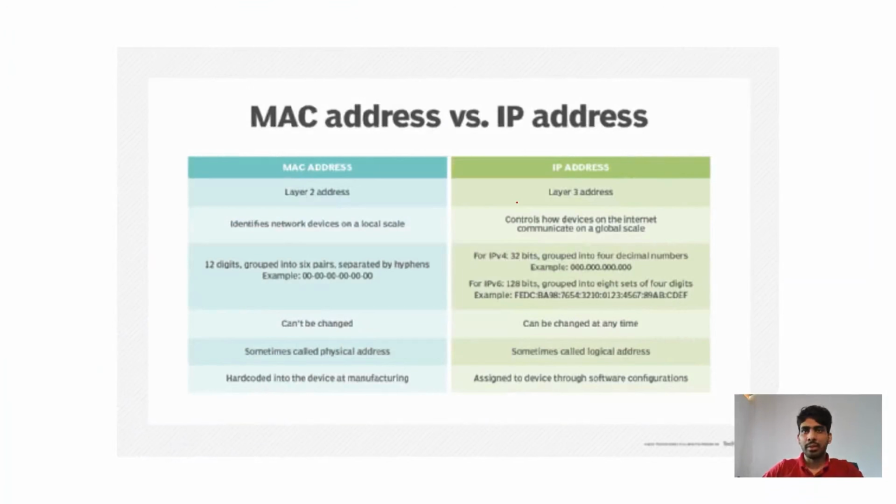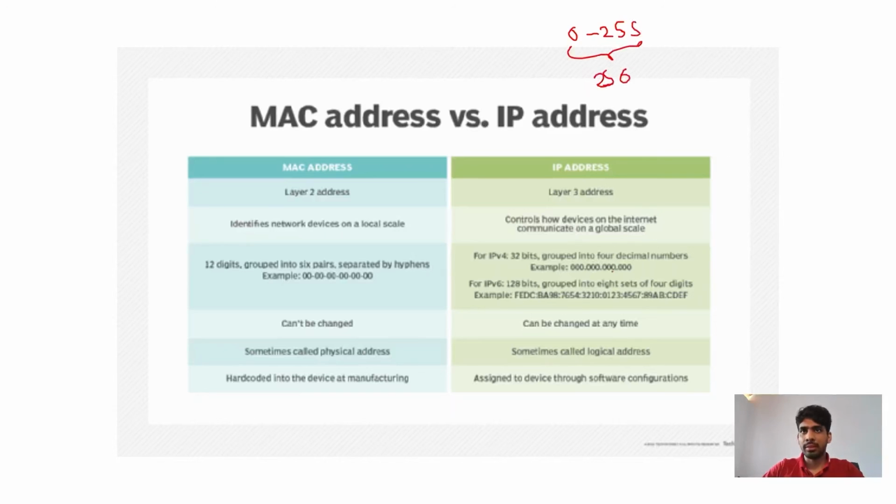IP version 4 has 32 bits. We divide it into four parts of 8 bits each. With 8 bits we can represent 256 values, from 0 to 255, because with 0 it's 256 values.